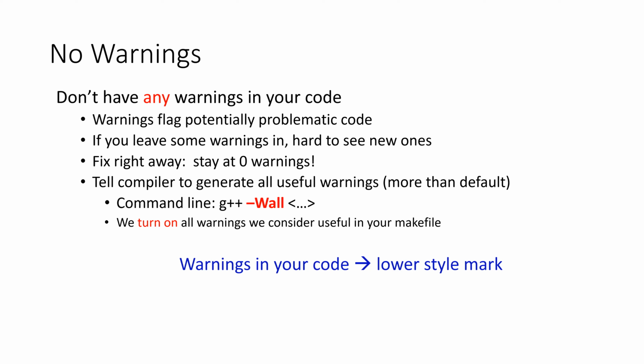As soon as there is a bunch of litter, it's very hard. You can say we'll have no litter. It's very hard to say we'll have no more than 50 pieces of litter per hectare, because nobody pays attention to that. So warnings are like that too. You either have 0 warnings or you rapidly go to so many warnings that no one looks at them. So we already did this. You tell the compiler to turn on -Wall, all useful warnings, and that's going to go on after that.